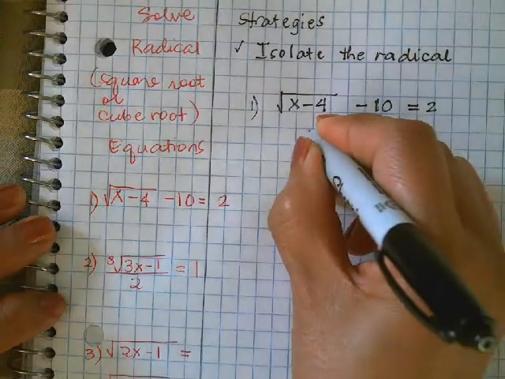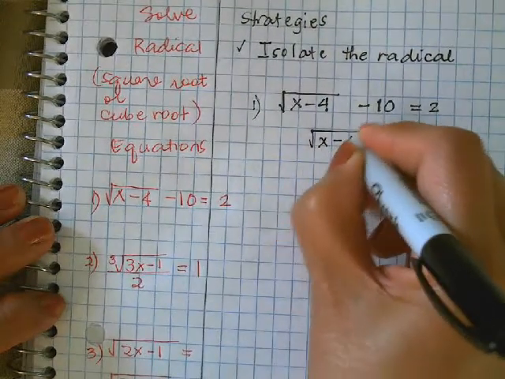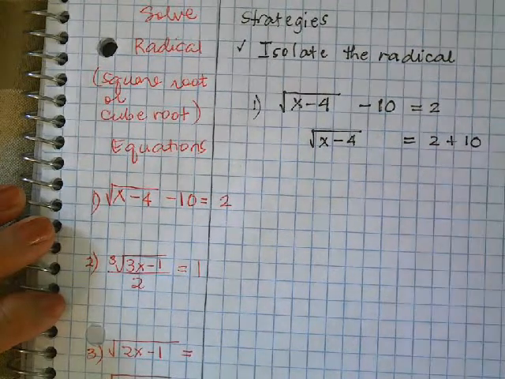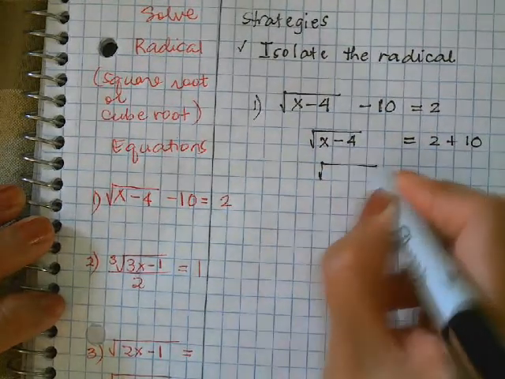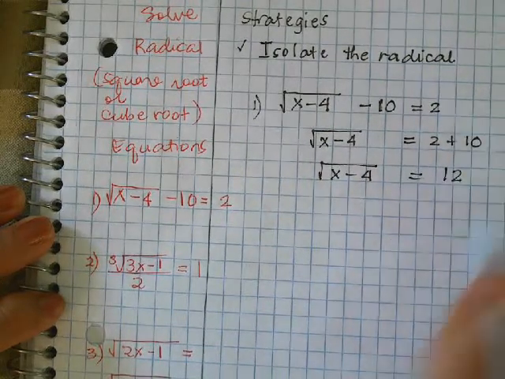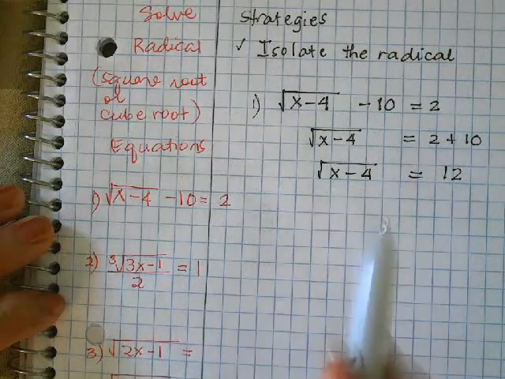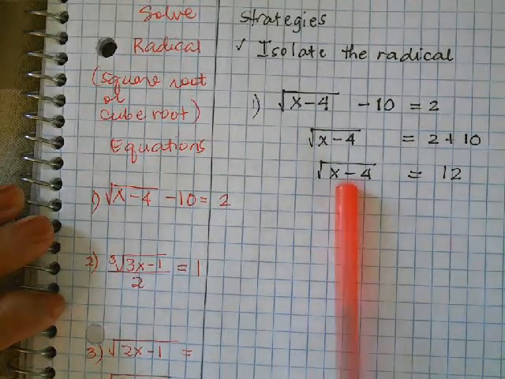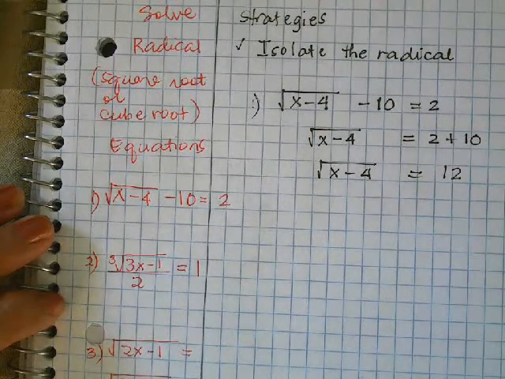So the square root of x minus 4 should equal 2 plus 10. Continuing, that will be the square root of x minus 4 is equal to 12.